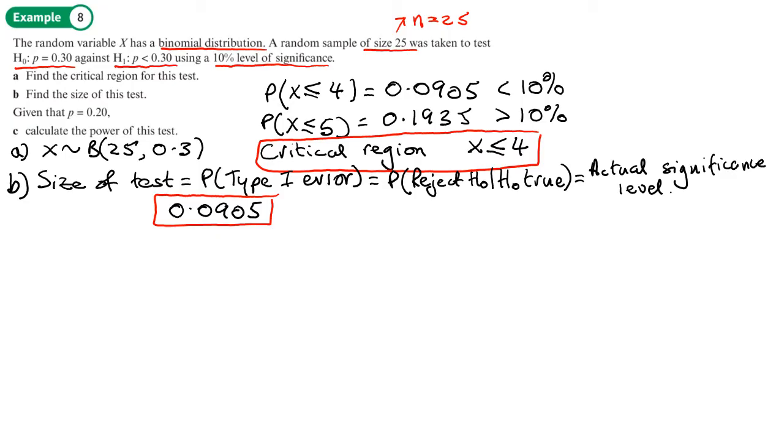Okay, part C. It now says, given that the probability has changed to 0.2, calculate the power of this test.